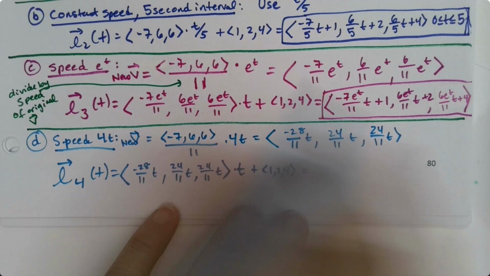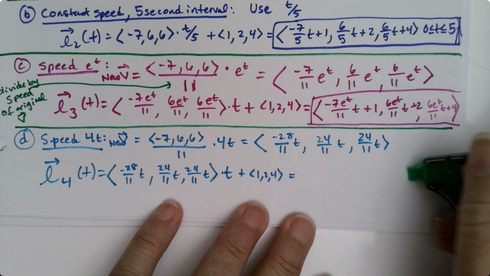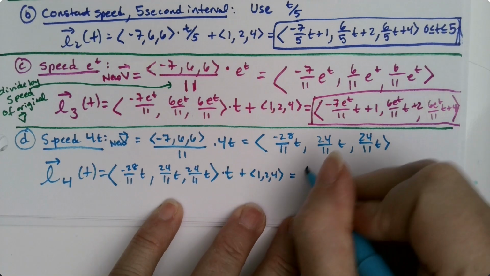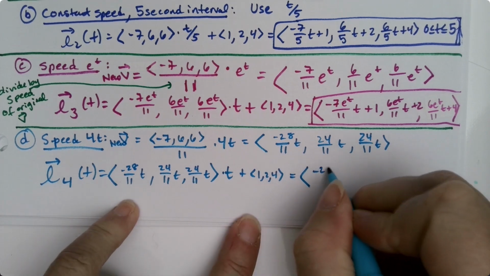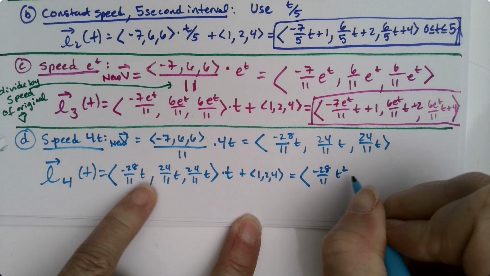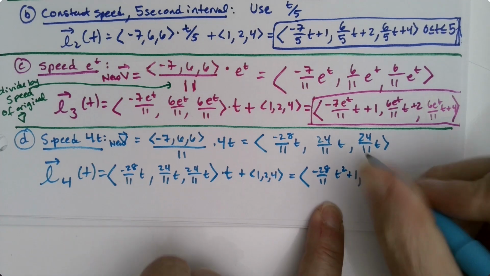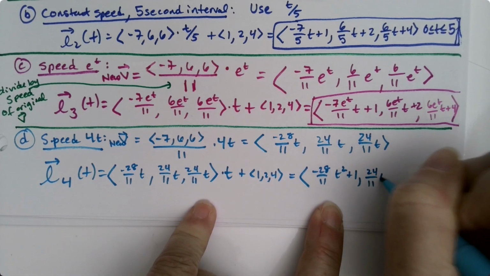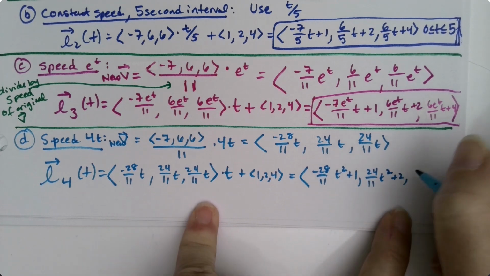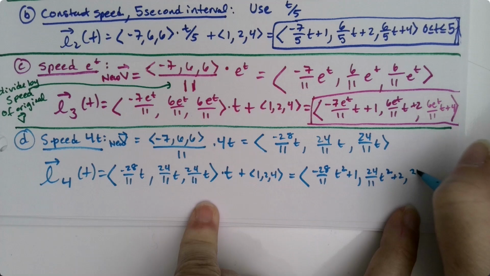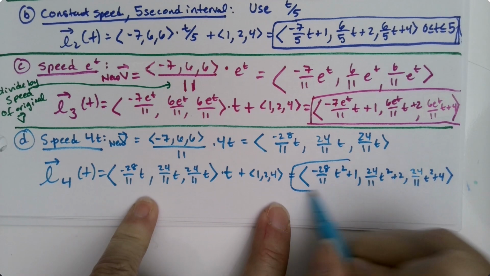I'm going to have to erase that page number so that I can write. So this is negative 28 over 11 t squared plus 1, 24 over 11 t squared plus 2, and then 24 over 11 t squared plus 4. There's our new vector.